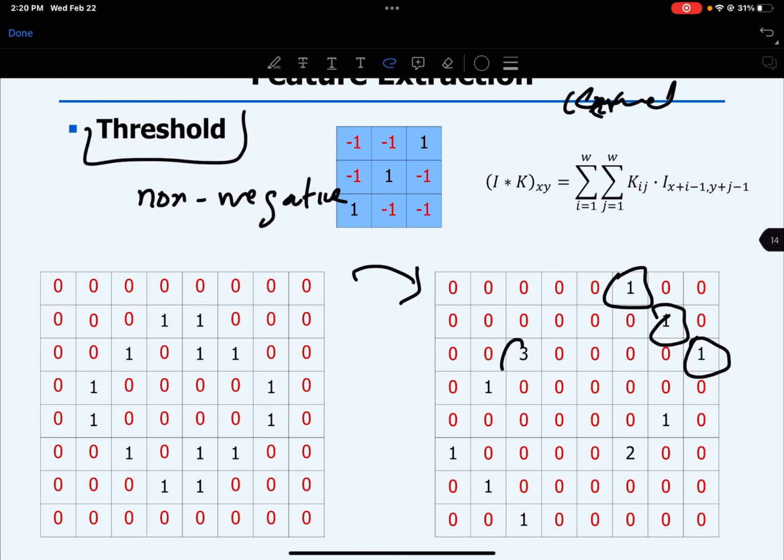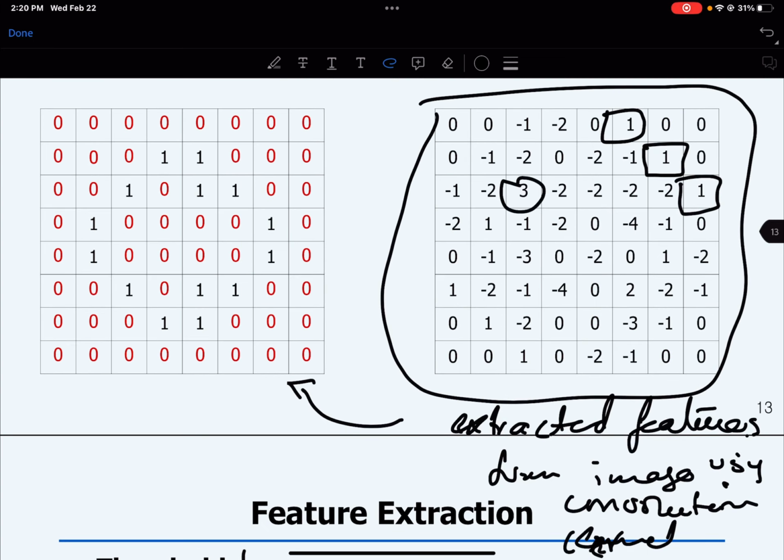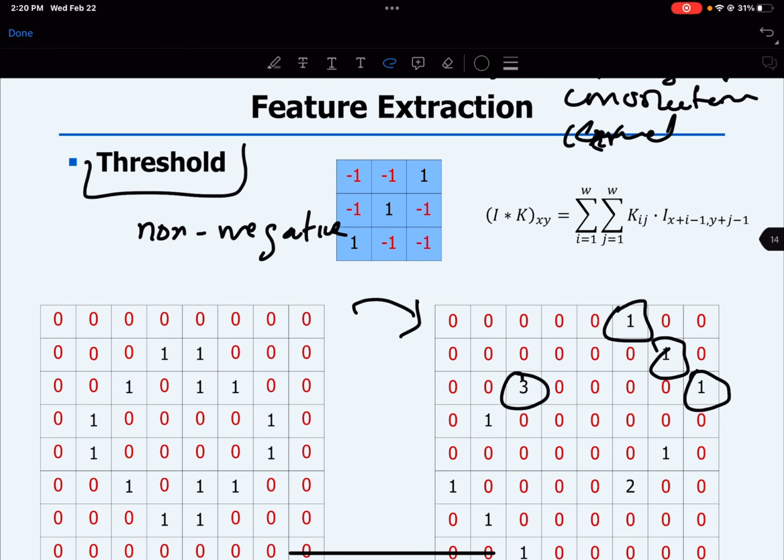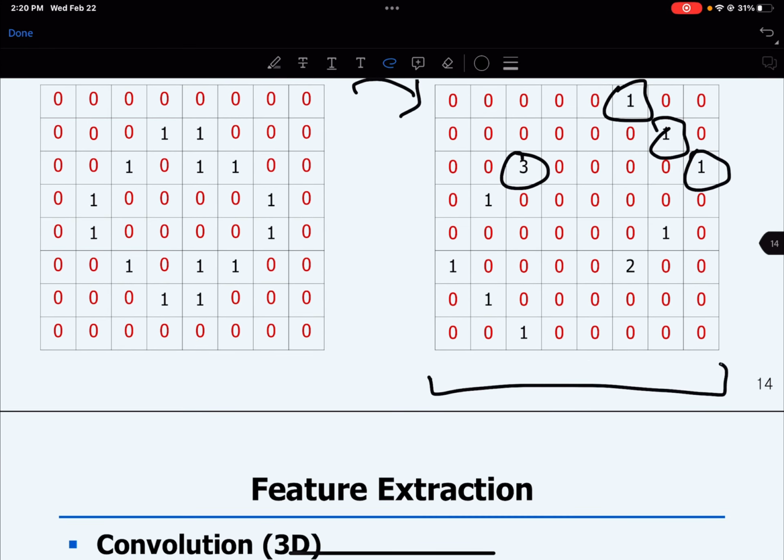Now we will get 3. Let's look here. So we can get the values using a threshold, and we have most of the values now, you can see, are 0 in this feature extraction, and only the important features are kept.